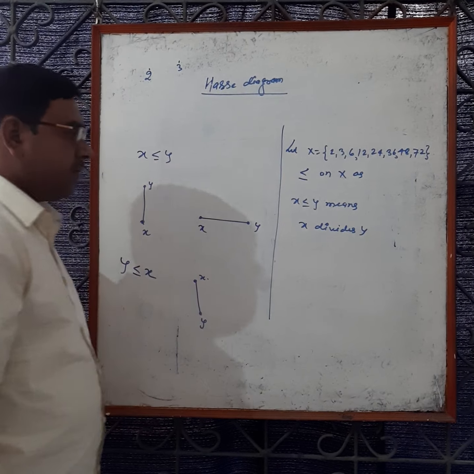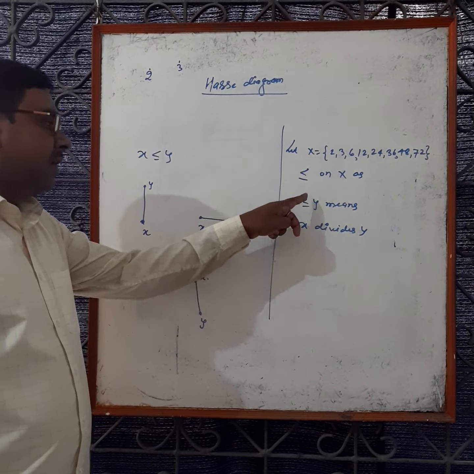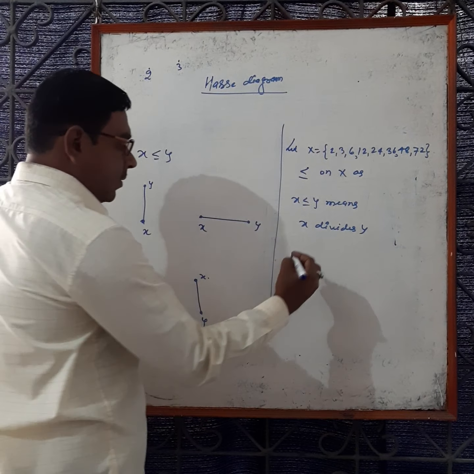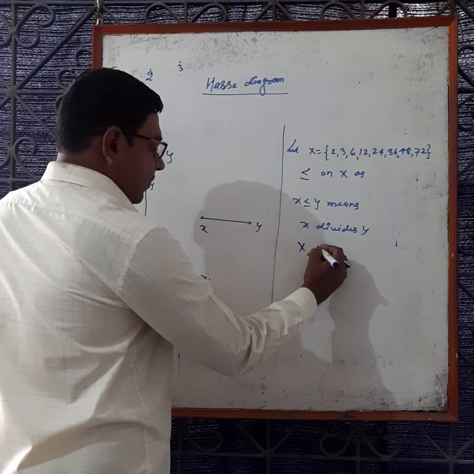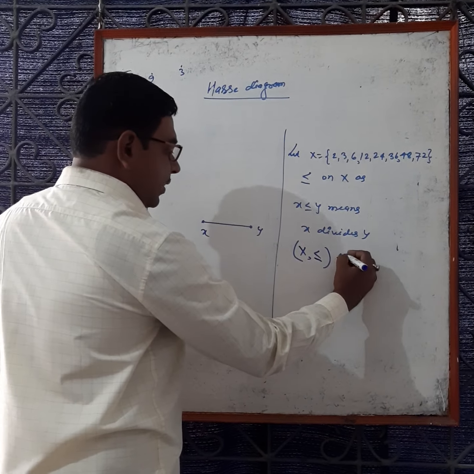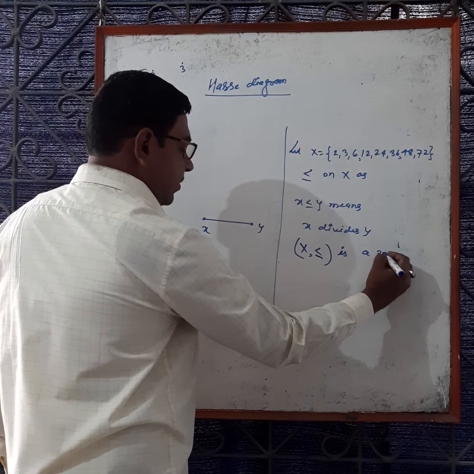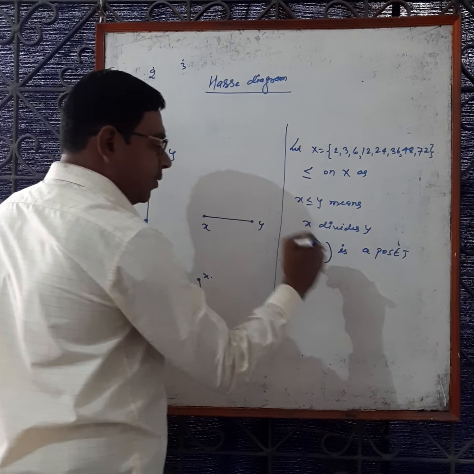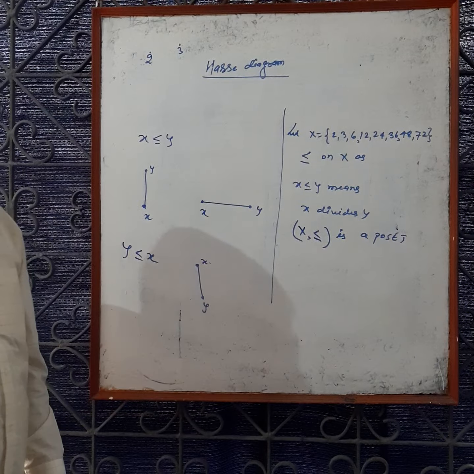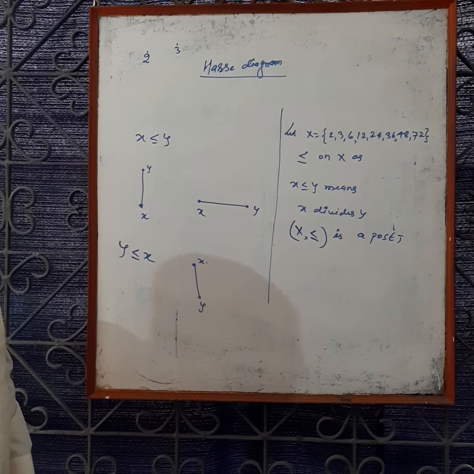Here, the relation works as division, and consequently (X, ≤) is a poset. We can check it forms a poset, meaning the relation satisfies three properties: reflexive, antisymmetric, and transitive.